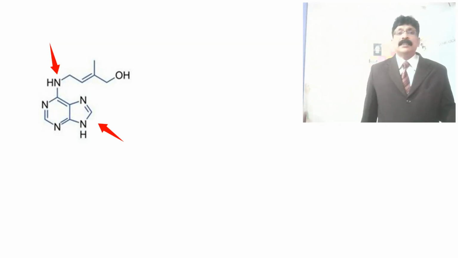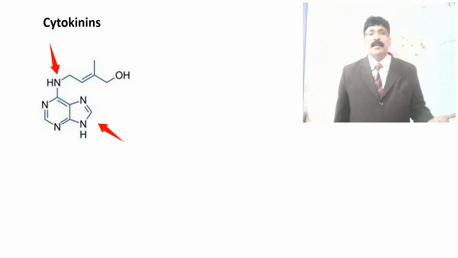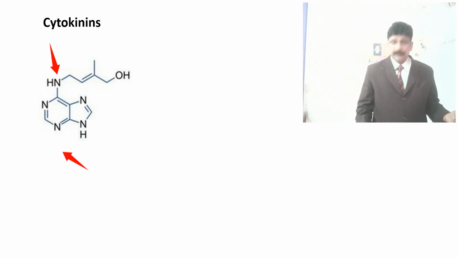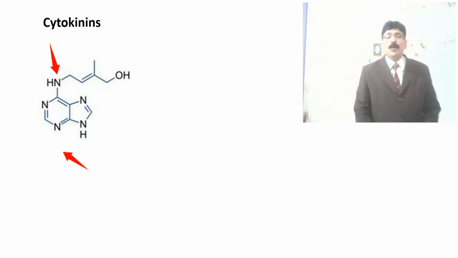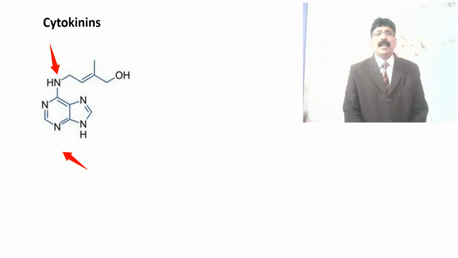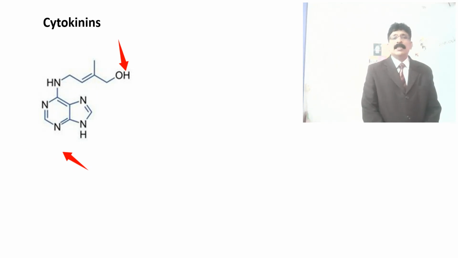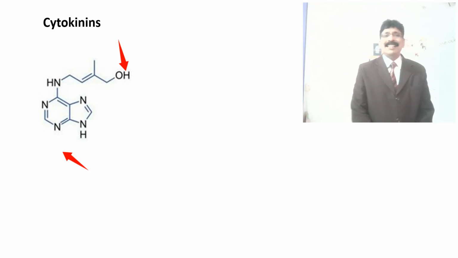This is about cytokinin, the cell division hormone, where you can see an arrow which I am circling, which shows that it is a purine derivative with an NH2 and a side chain NH, CH2, CH double bond C, CH3, CH2, OH.